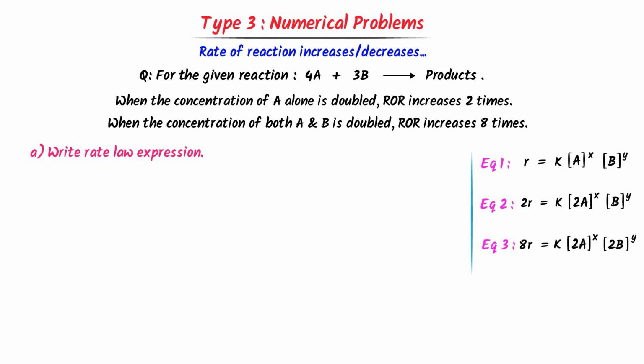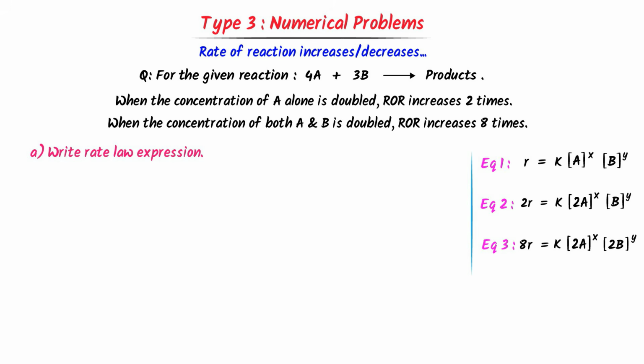It means that if we increase the concentration of both A and B 2 times, rate of a reaction will increase 8 times. Now in the A part, we are asked to find the rate law expression. In order to find the rate law expression, we need to find the value of X and Y.